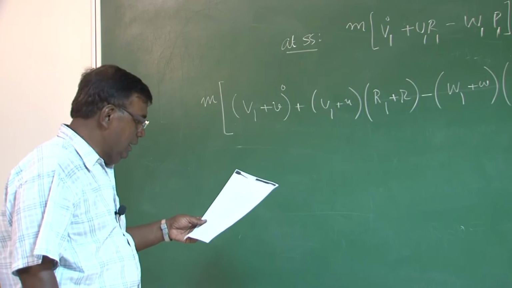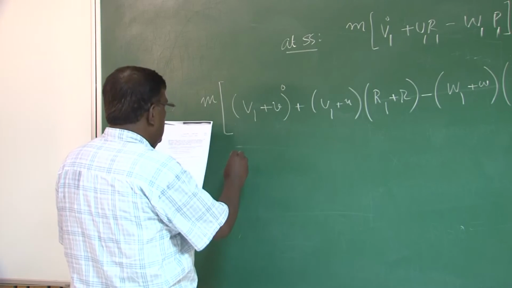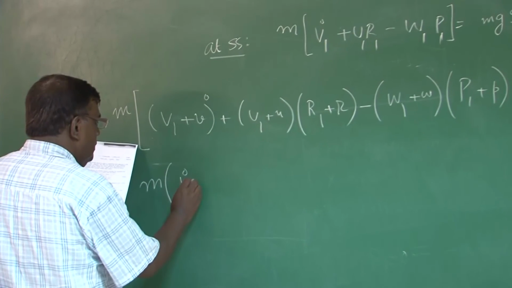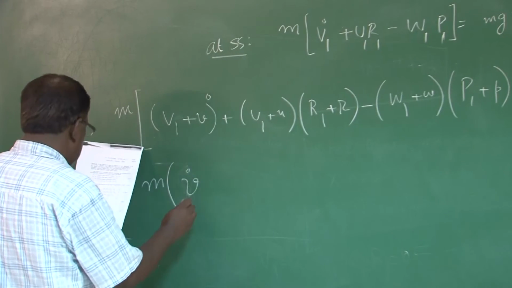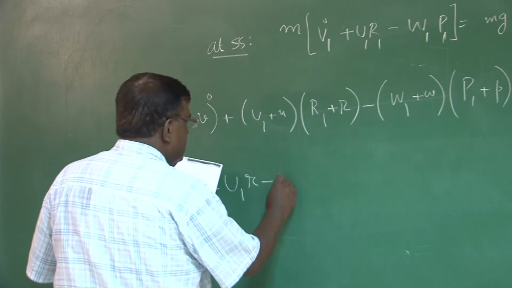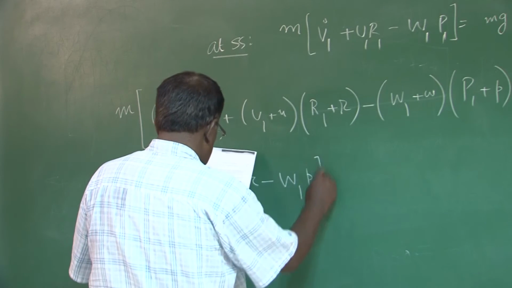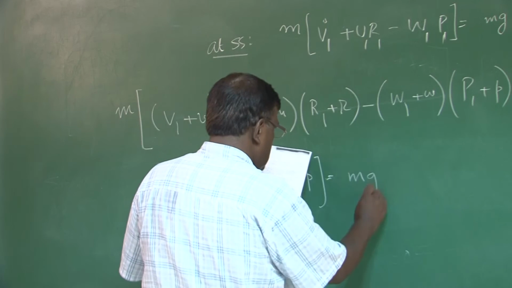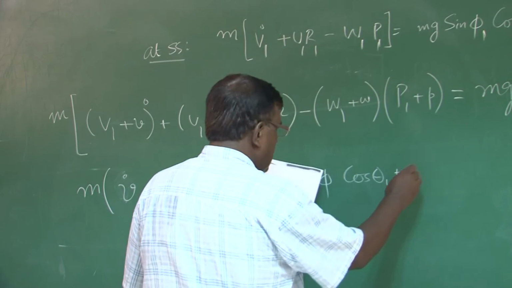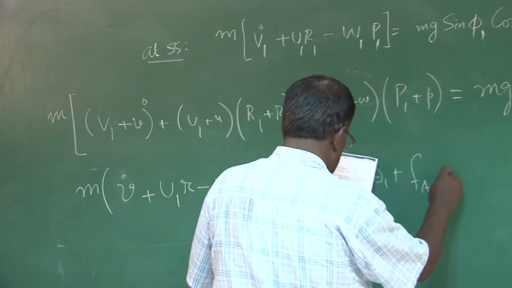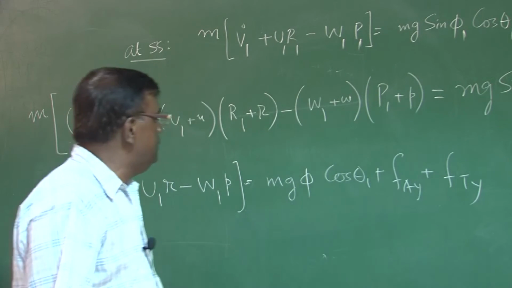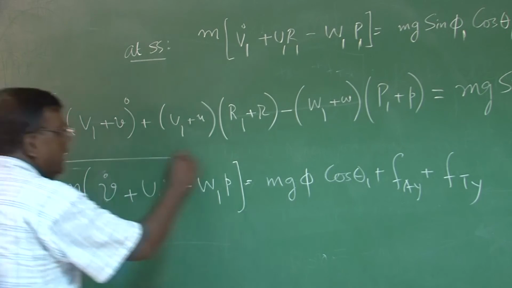When I do that, I get an equation of this form: M V dot, please understand, the perturbed quantity V dot, plus U1 R minus W1 P equal to mg phi cos theta 1 plus f_ay plus f_py. These are perturbed quantities. This is the second equation you get.